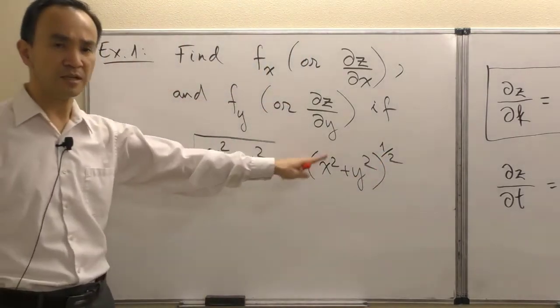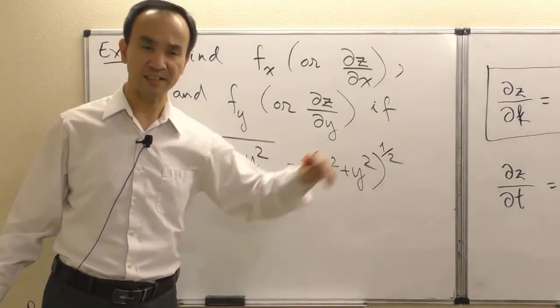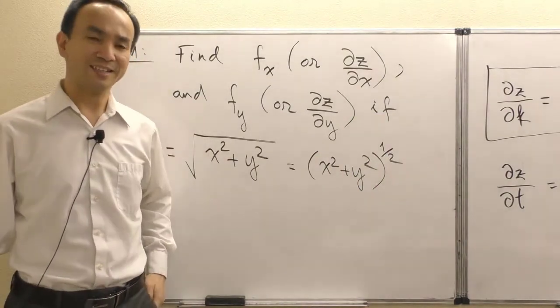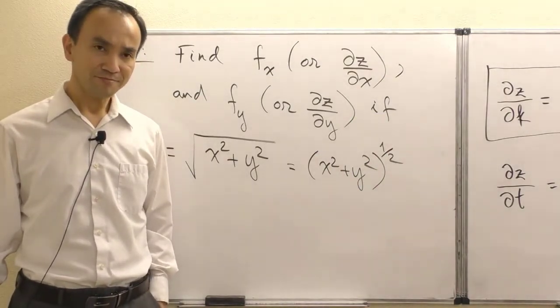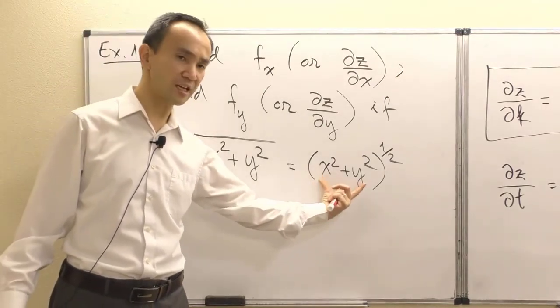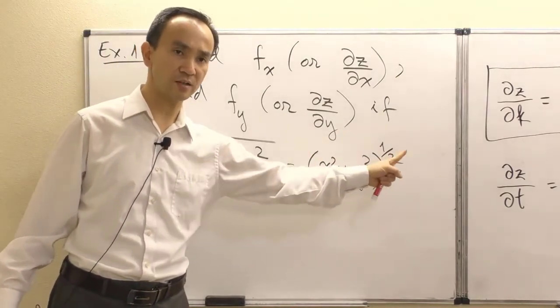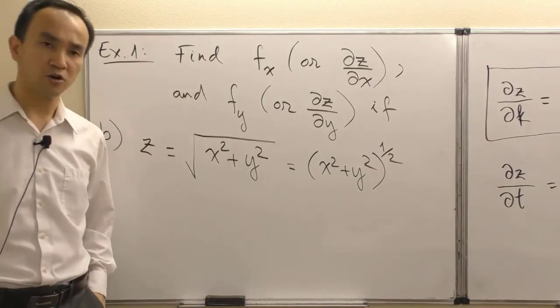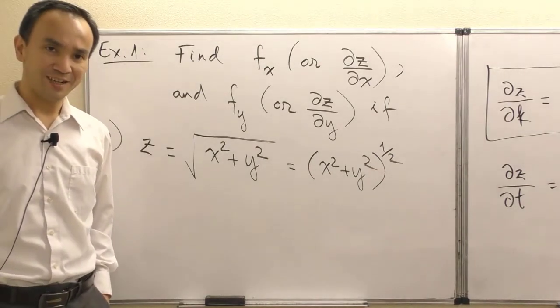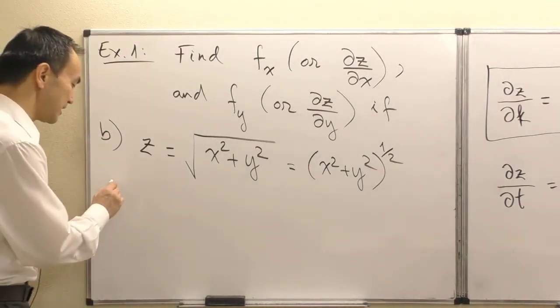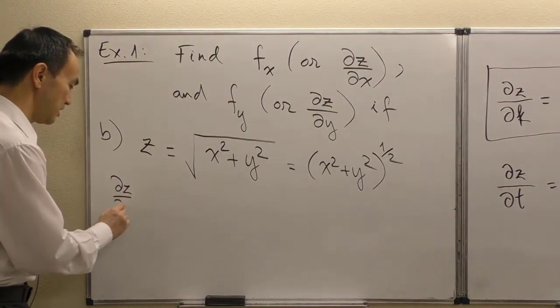This is just the preliminary step before we start taking the derivative. But now I see an inside expression and an outside expression, so be ready for some chain rule involved. At this point, let's find dz/dx.